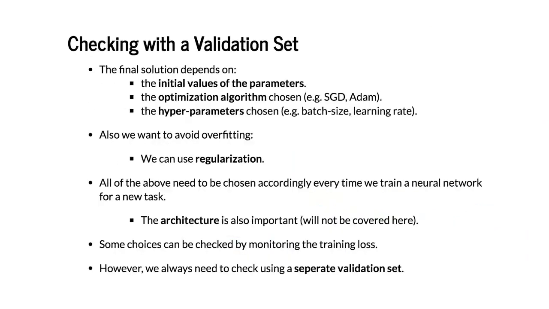Okay, so how effective the training procedure is in terms of these two things depends on a number of things, and we must be aware of these things when we train a model. The first thing it depends on is the initialization of the parameters.